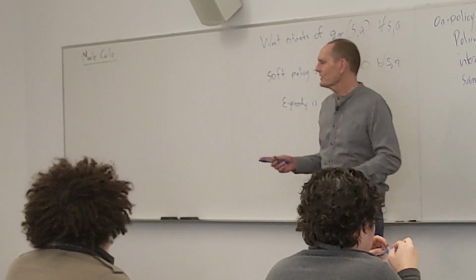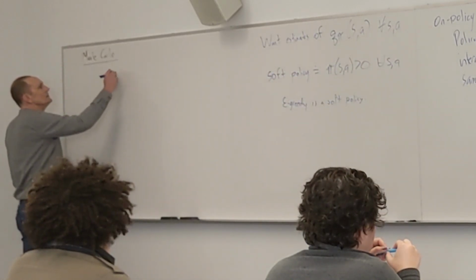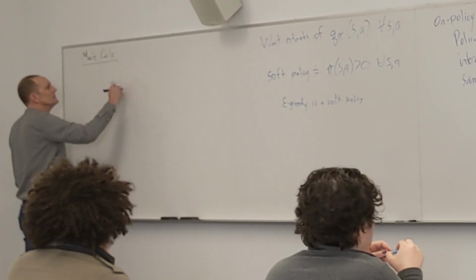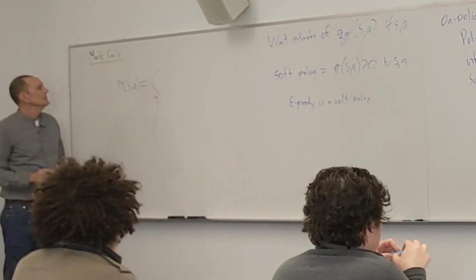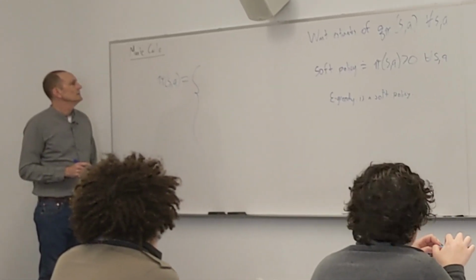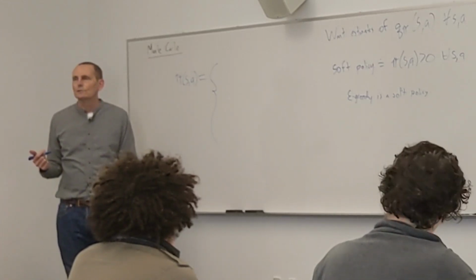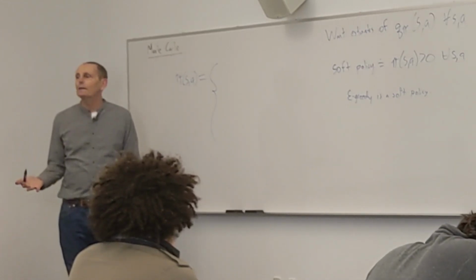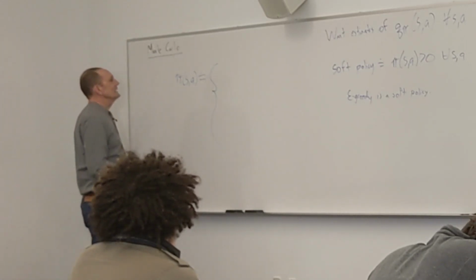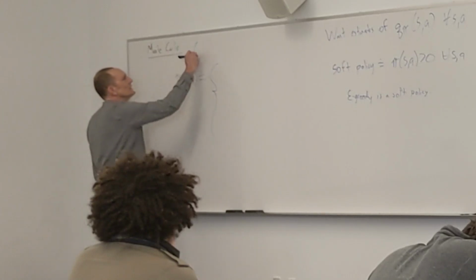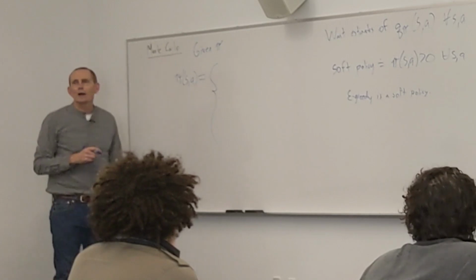So actually, first off, let's just define what's an epsilon greedy policy. So we want our policy to be random in most of the cases. And let's say, given pi, let's look at pi prime.